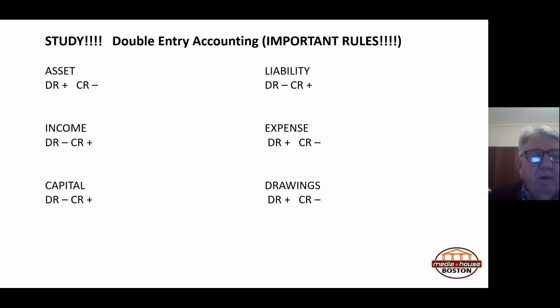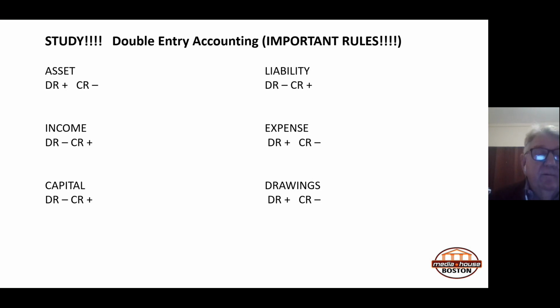So money comes into my bank on the left-hand side. That's what we mean by debit. That increases, and money goes out on the right-hand side. That's the credit. So the bank is an asset. The money comes into my bank on the debit side, and that means my bank balance increases. If it goes out on the credit side, it decreases. Okay.